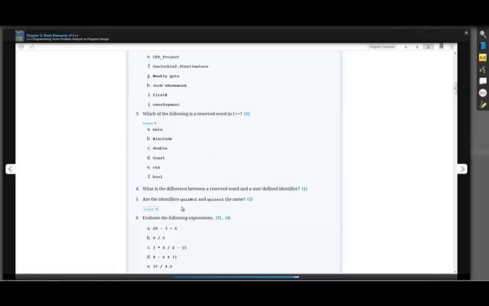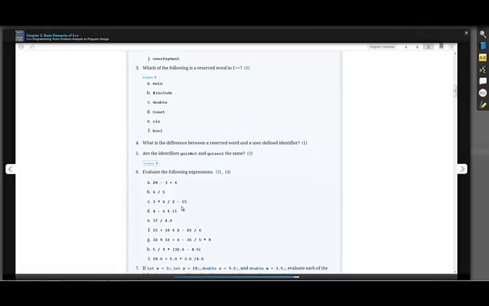Look at 4 again. There's a difference between reserved words and user defined. Reserved words are defined by the program, and user defined you could change later on, like using namespace std semicolon. That's a user-defined identifier, or a function that you're going to be writing. You will get a chance to do this in chapter 6.